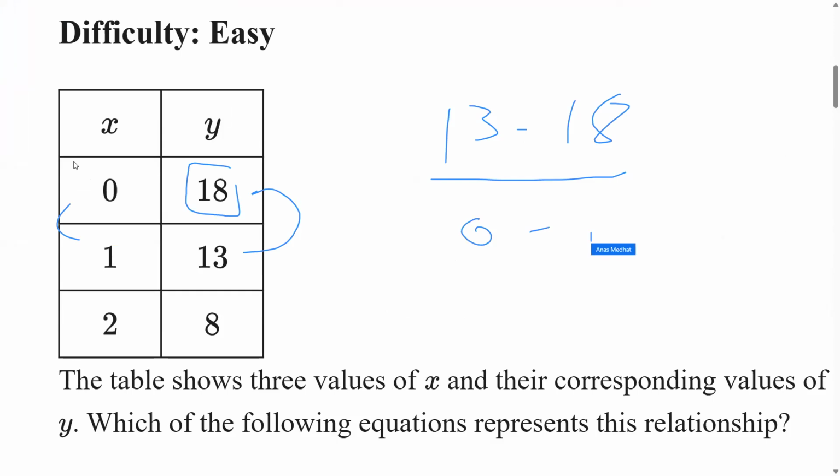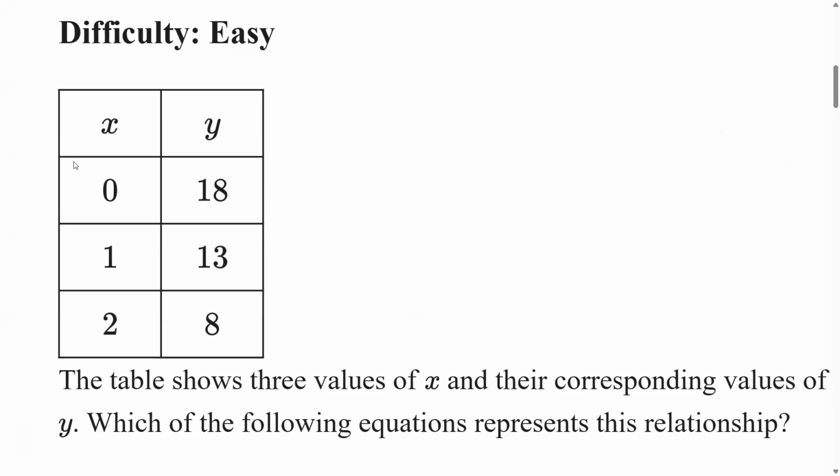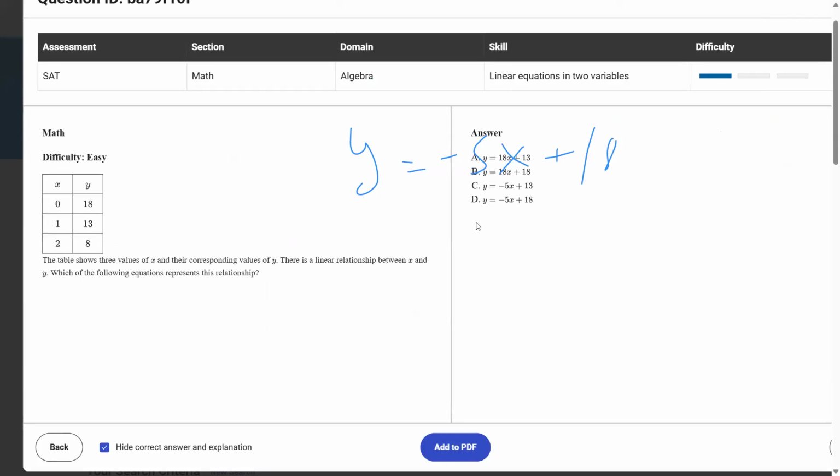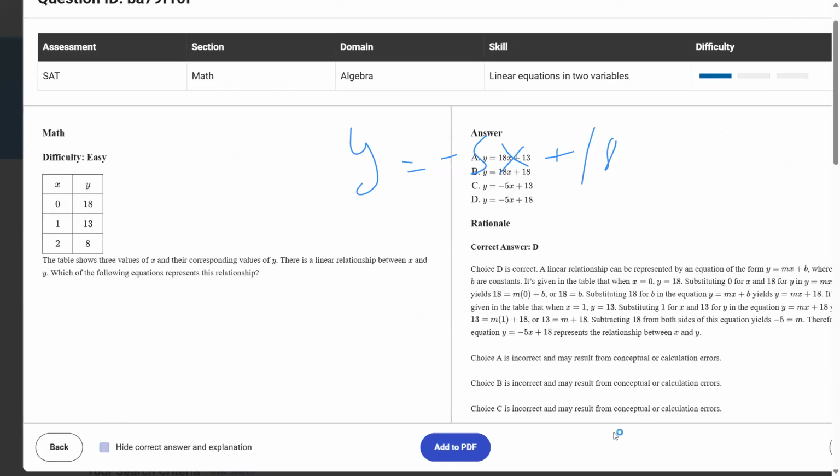Sorry, over 1 minus 0. It's going to be negative 5 over 1. So the slope is negative 5. And the y-intercept is 18. So the answer is D.